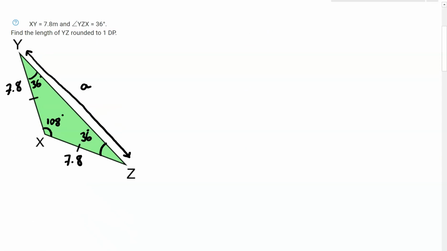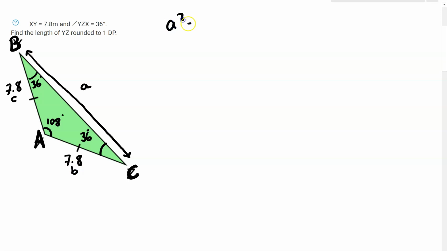So if this side has to be little a, this X is actually a capital A. And the B's and C's can go wherever you like. So that means that little c is this 7.8 and little b is this 7.8. So now we're going to sub into the formula.